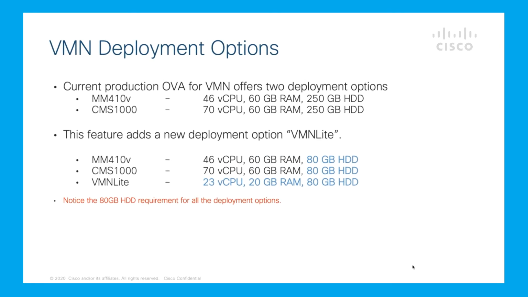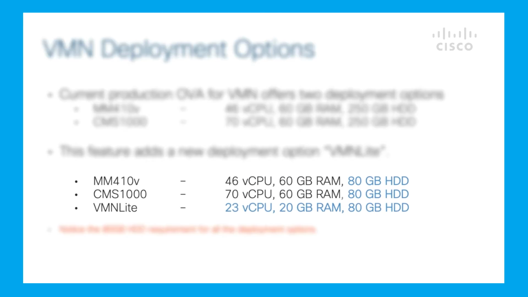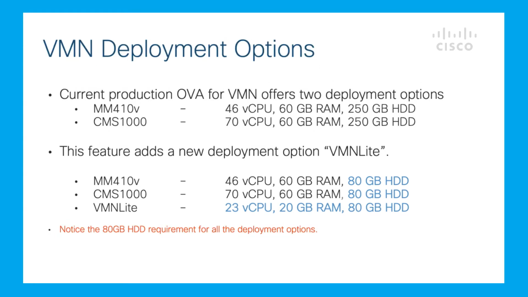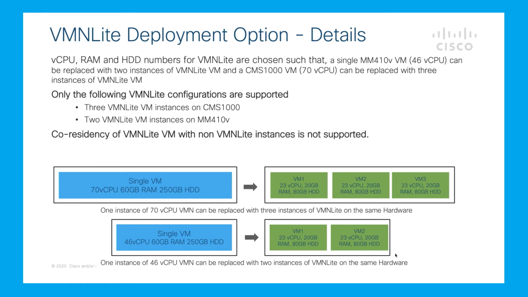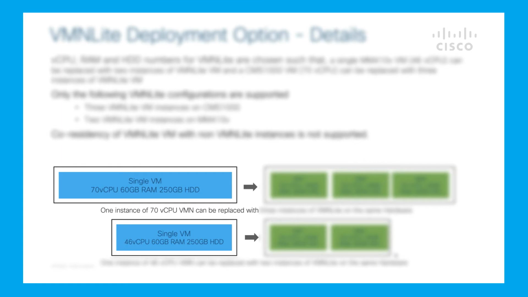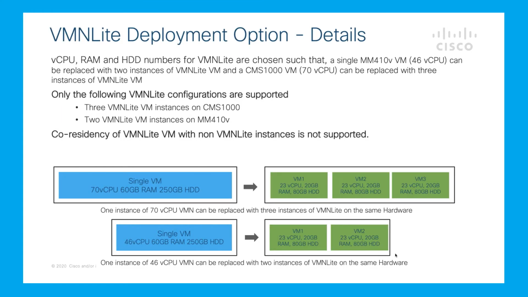So in this chart here, you can see Video Mesh Lite is 23 vCPUs, 20 gigabytes of RAM, and 80 gigabytes of hard drive space required for each one of those systems. So what do I mean by each one of those systems? If you look down here in the bottom, particularly in the blue side of things, that's the existing hardware. The Cisco Meeting Server 1000 hardware platform is on the left, the first one.